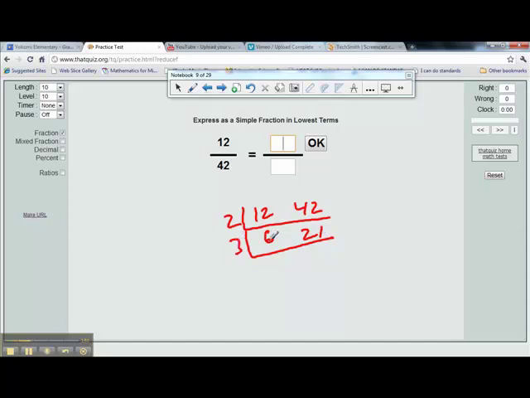Let's see, 3 goes into 6 2 times, and 3 goes into 21 7 times, because 3 times 7 is 21. And 7 is a prime, and remember we said if we have a denominator that is prime, then we're done. So our simplified fraction is going to be right here, 2 sevenths. So we would write 2 sevenths.